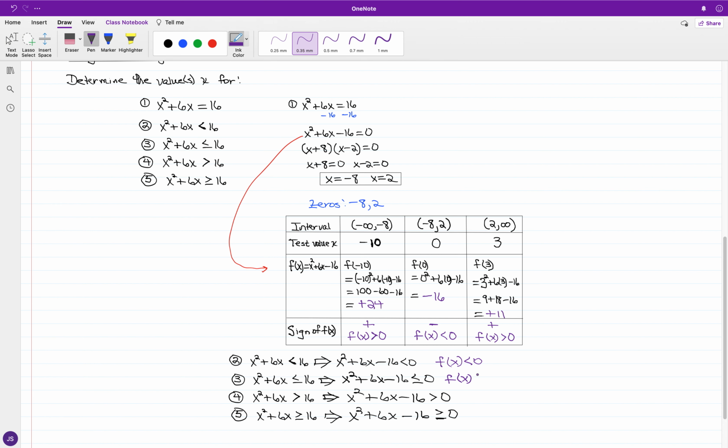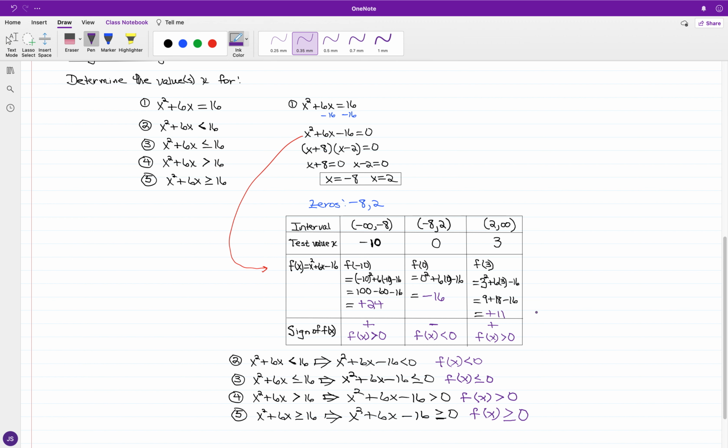Then we have f of x is less than or equal to 0. And we have f of x is greater than 0. And for the last inequality, again we translated to a comparison to 0 statement, so the last case is where f of x is greater than or equal to 0.